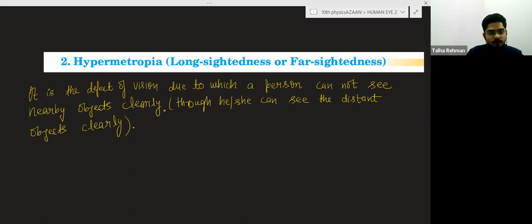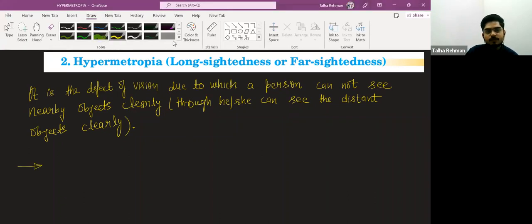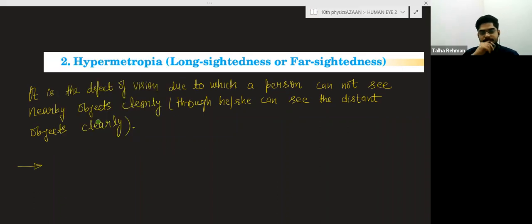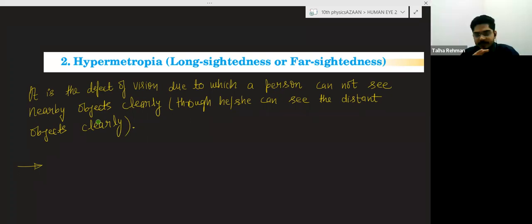What happens in hypermetropia? Azaan, can you tell me what is the near point for a normal eye? 25 centimeter. Yes. But in case of the hypermetropic eye, the near point of the eye becomes more than 25 centimeter.